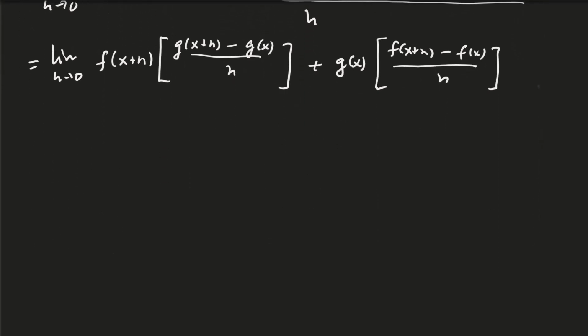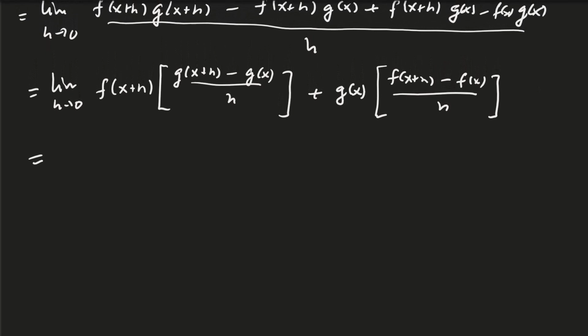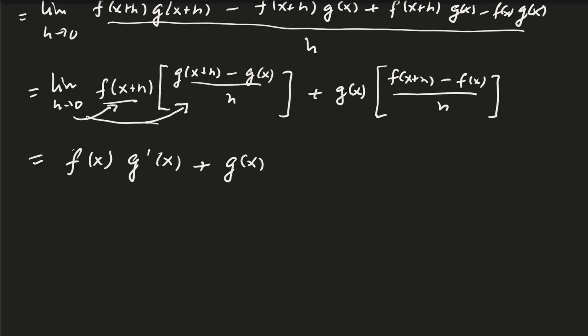Now, what you see here is when you take the limit, the limit of the f of x plus h, we're going to assume f is continuous at least. So that's just going to be f of x. And then when I take the limit of the next term, that's g prime of x, plus g of x times, the last one, f prime of x. Good.